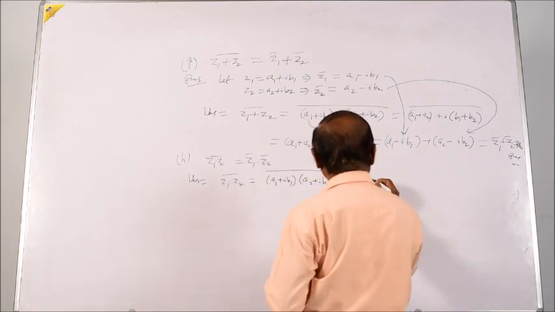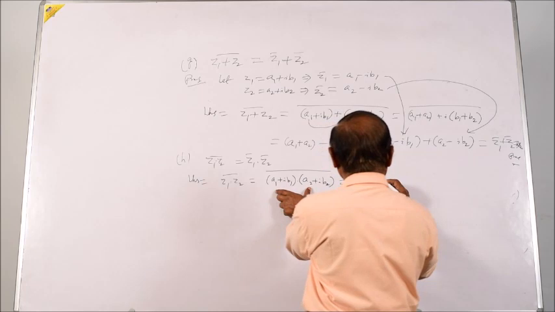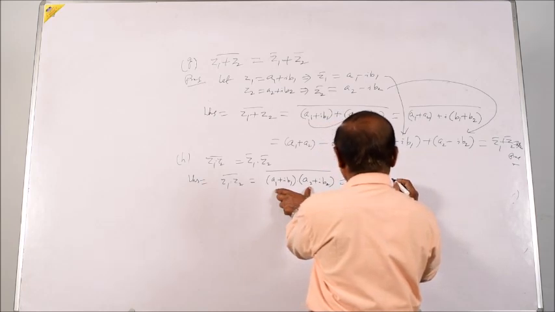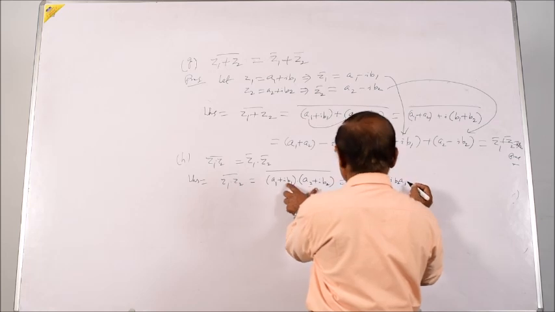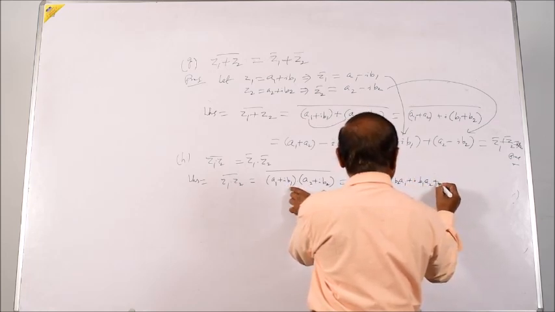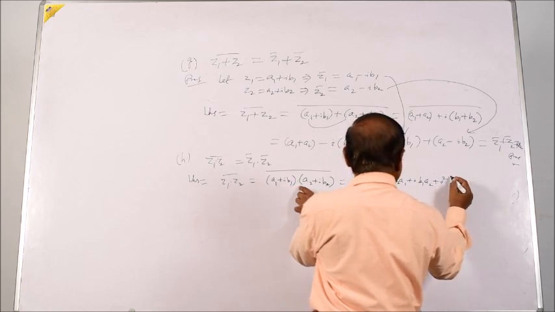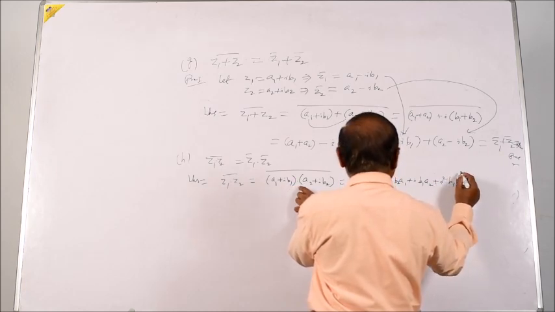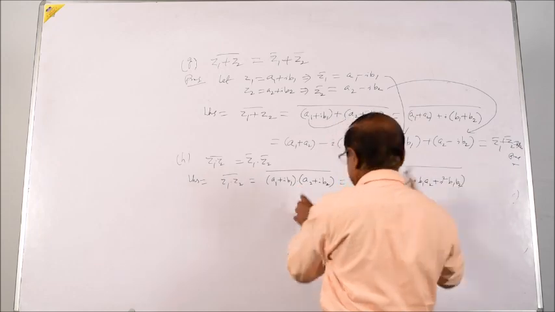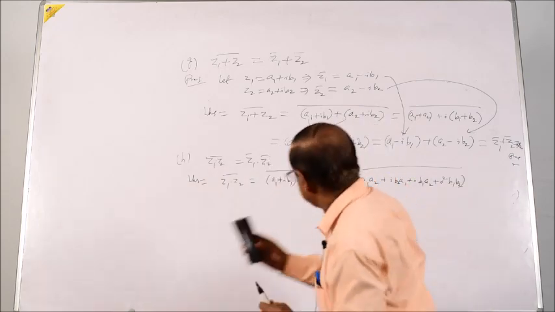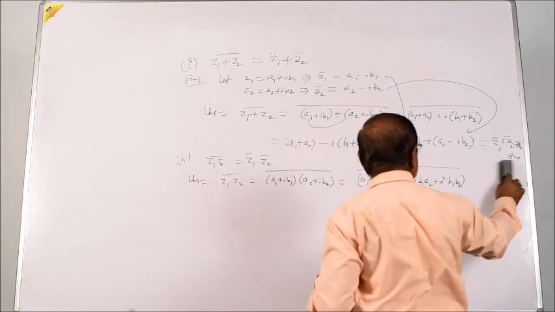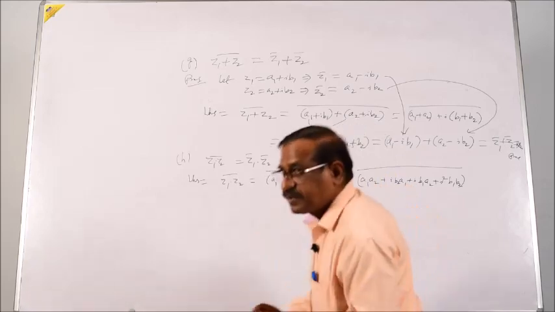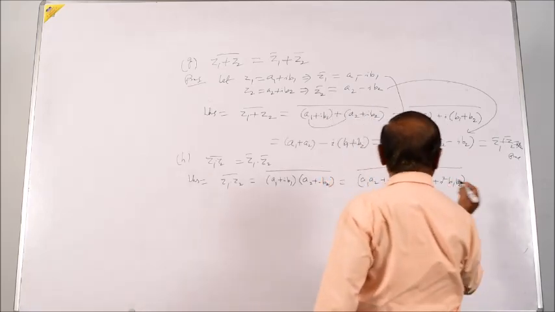This is a1 a2 plus i b2 a1 plus i b1 a2 plus i square b1 b2, whole bar.